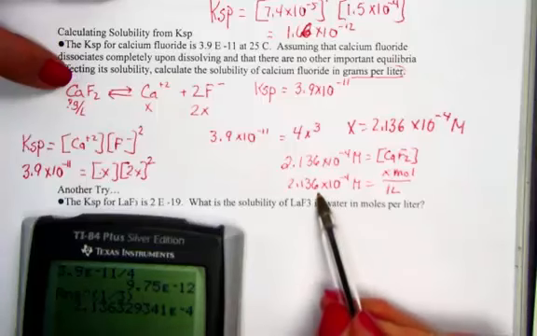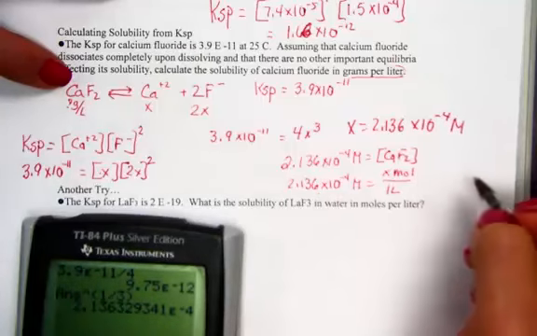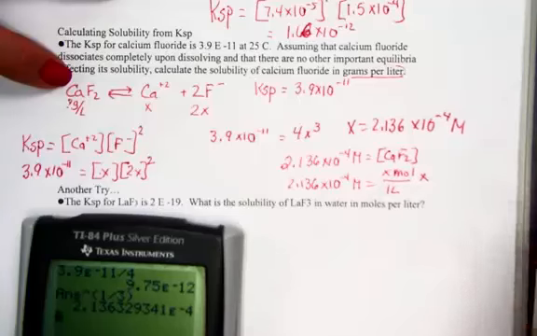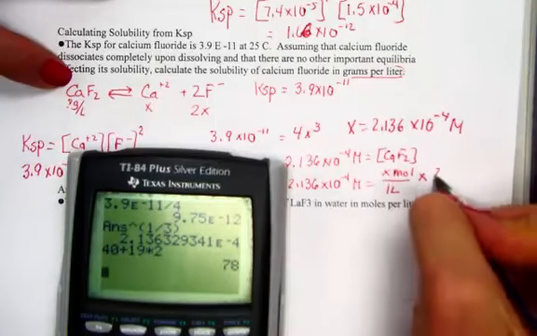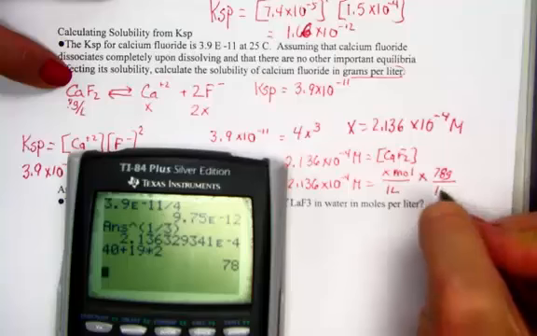This value is also the number of moles, and moles times molar mass will pull out the number of grams per liter. Let me add a molar mass for calcium fluoride. We have 40 from the calcium, 19 times 2 on the fluorines. Molar mass is 78 grams per mole.